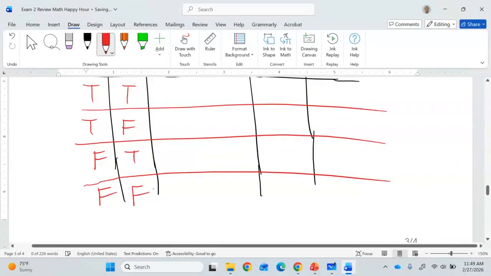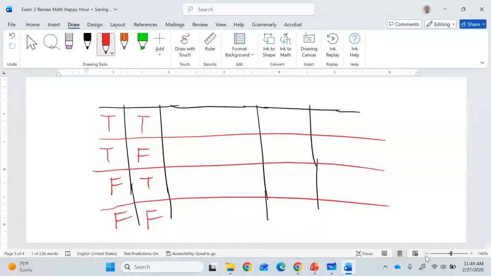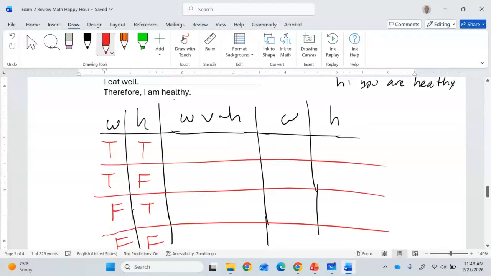Well, actually, that's not what I wanted to tell you. What I wanted to tell you is the way that I determine if it's a valid or invalid argument is by creating the values for each one of them, and then anytime that the premises, so this is premise 1 and premise 2, anytime that the premises are true, the conclusion has to be true as well.